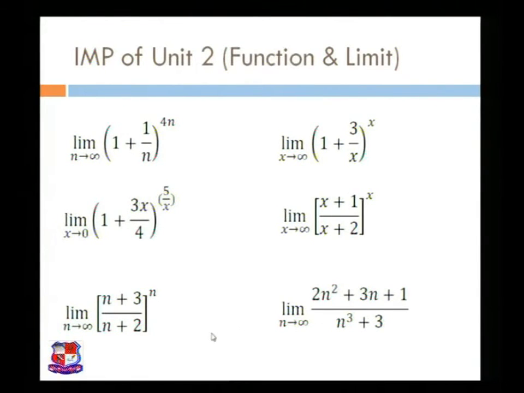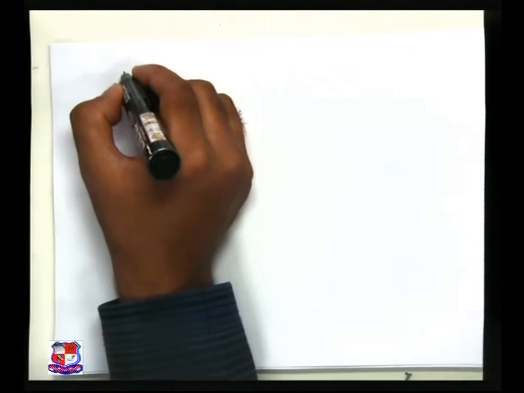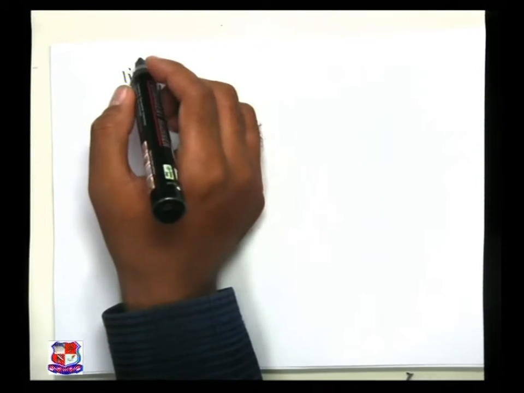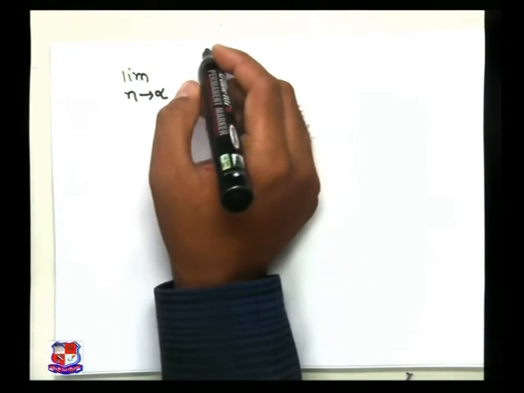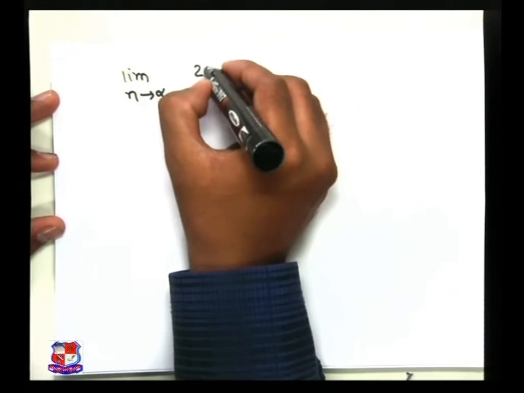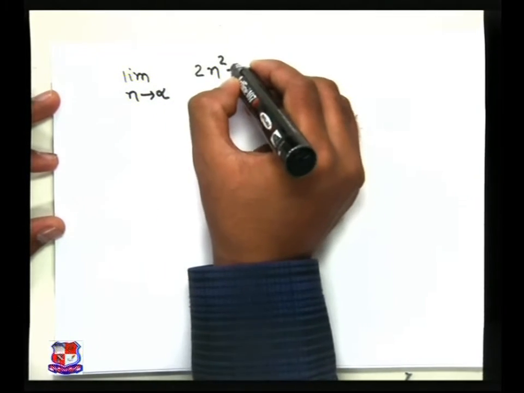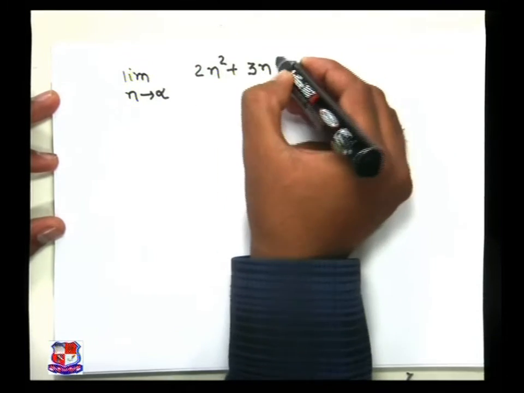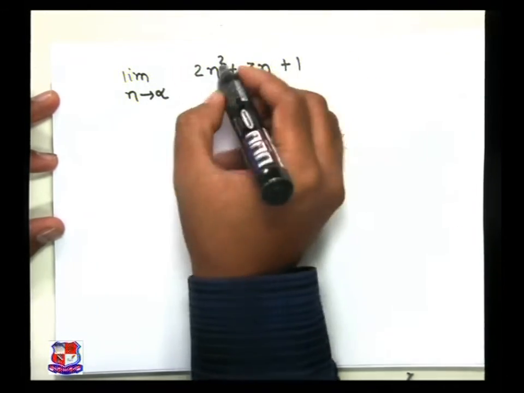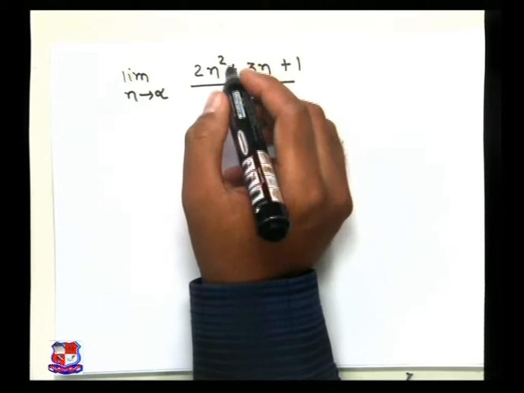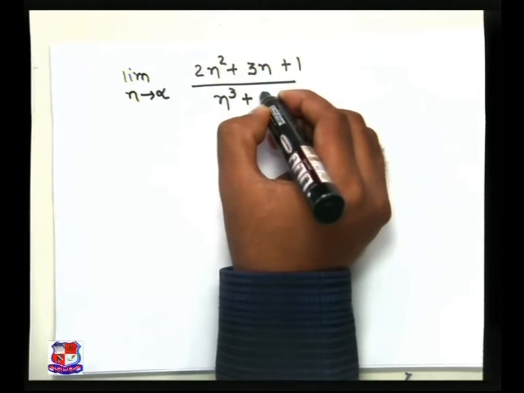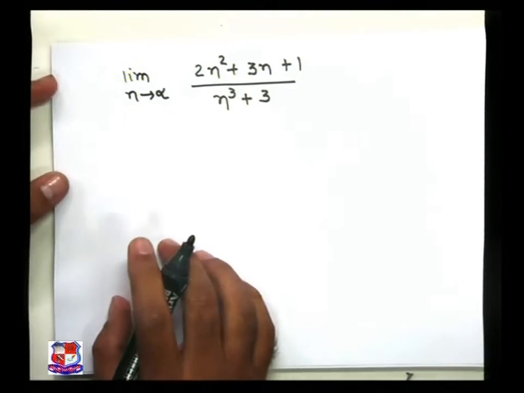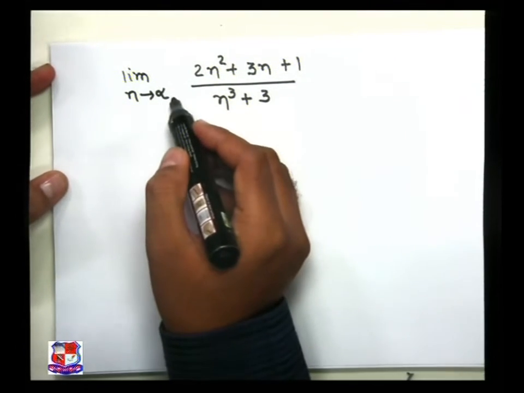First of all, we write it down: limit n tends to infinity, 2n square plus 3n plus 1, divided by n cube plus 3.